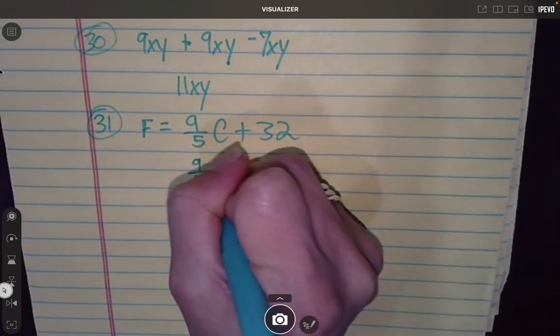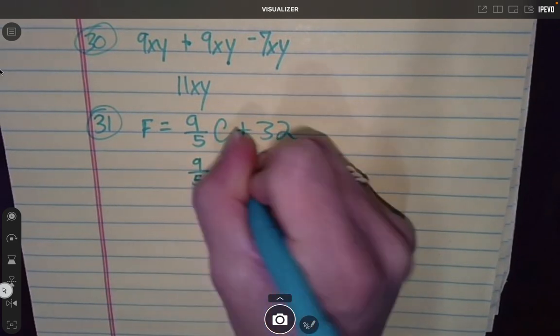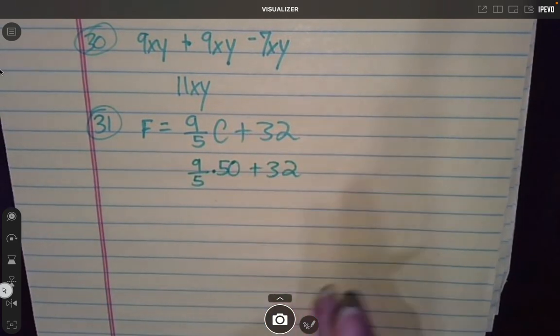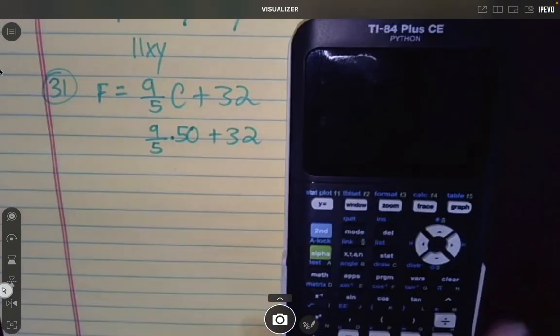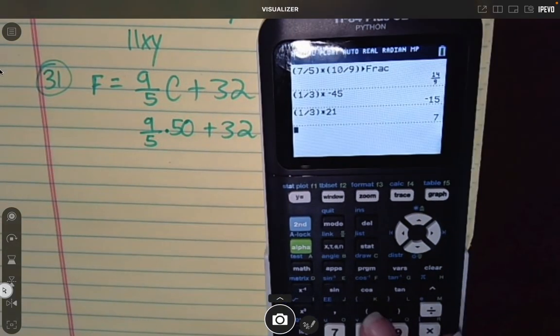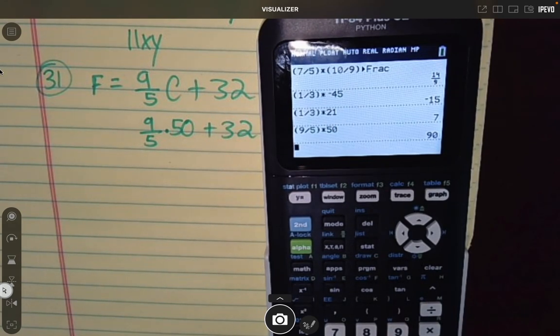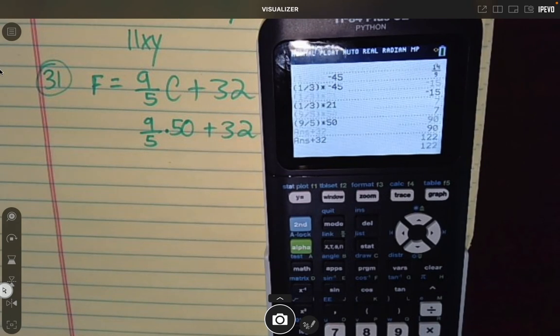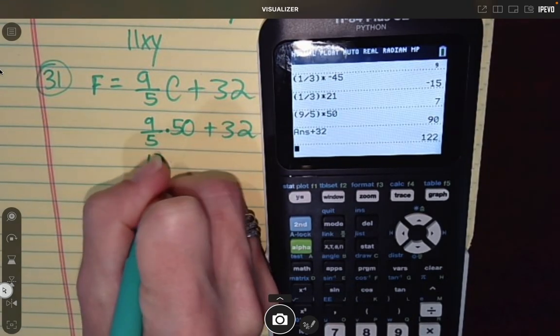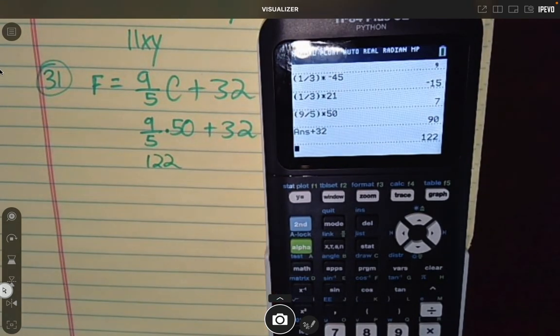So I would have 9/5 times 50 plus 32. If I plug that in my calculator, I would just go step by step. I would say 9/5 times 50. Notice how I put it in parentheses for my little fraction. And then I would add 32. And I get 122. That's C. Yep, C.